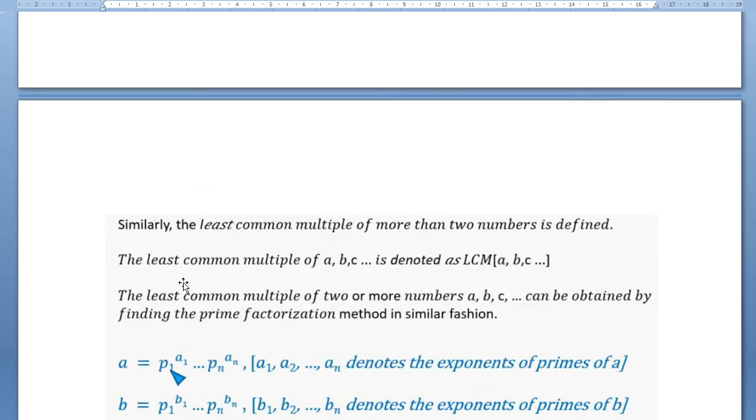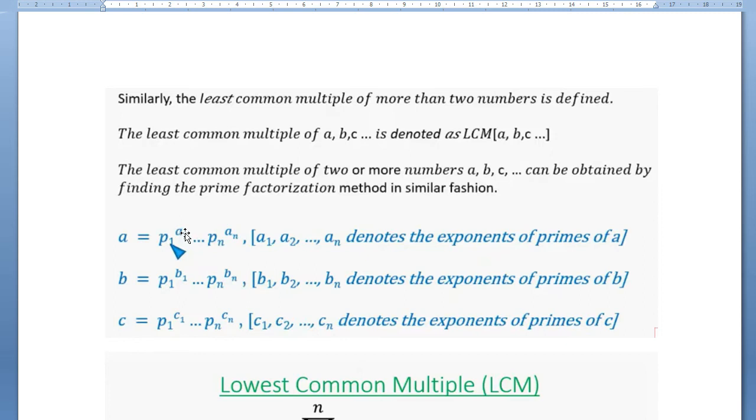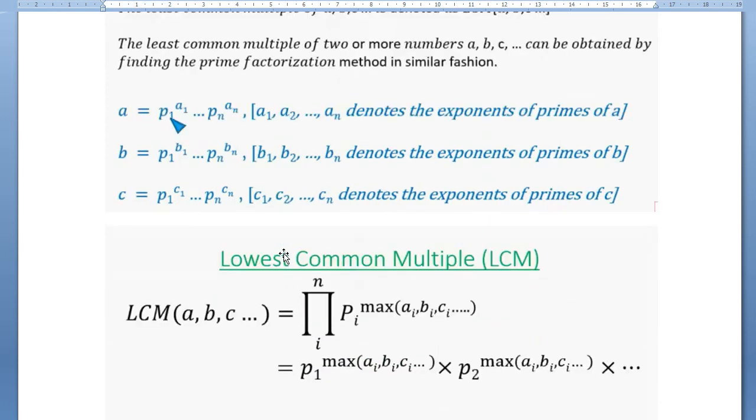Similarly, the least common multiple of more than two numbers is defined as the least common multiple of A, B, C. Where a1, a2, an denote the exponents of the primes p1 to pn of A, similarly b1, b2, bn denote the exponents of the primes of B, and likewise for C. So the lowest common multiple is the product of each prime p_i raised to the maximum of a_i, b_i and c_i.